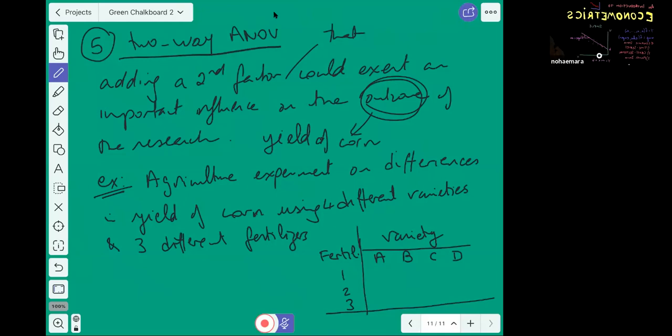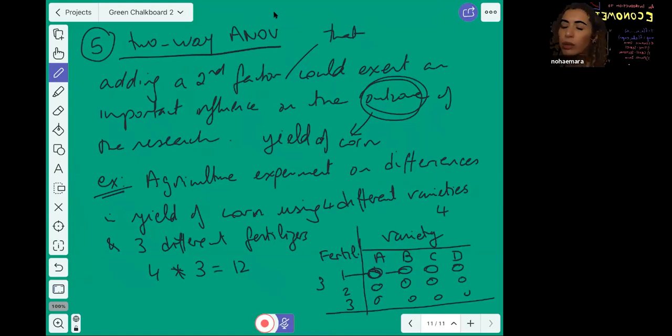Okay, so I want you to think about it this way. Using variety A with fertilizer 1, I'm going to get a certain yield of corn here. Okay, a certain amount. Using fertilizer 1 with B, I'm going to get a different yield. With C, a different yield. With D, and so on. So I can come up with different combinations here because I do have 4 and 3. So I do have 3 times 4, 12 different combinations out of my model. If I'm using one-way analysis of variance, I can use one of these factors, right?